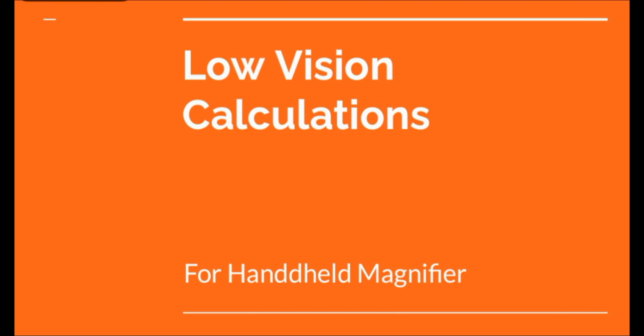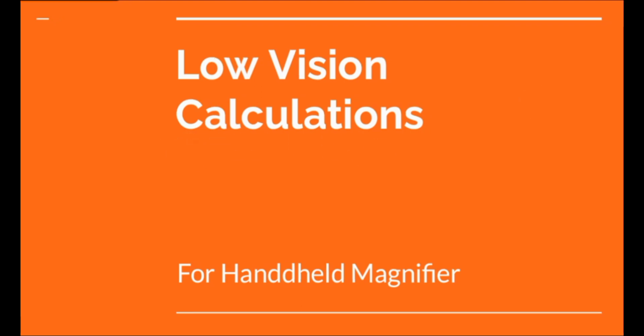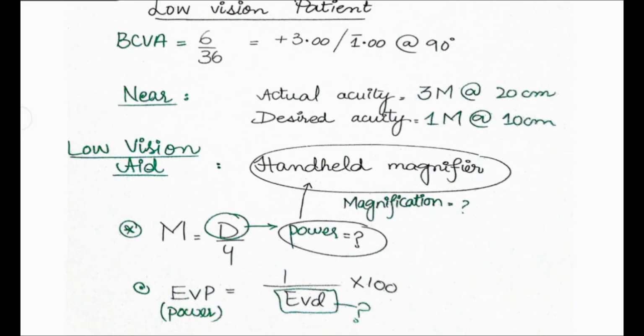We want to see whether the patient needs 3x magnification in the handheld magnifier or 6x magnification. In order to know the power of the magnifier, there are some calculations. So let's move on and see how we can do these calculations.